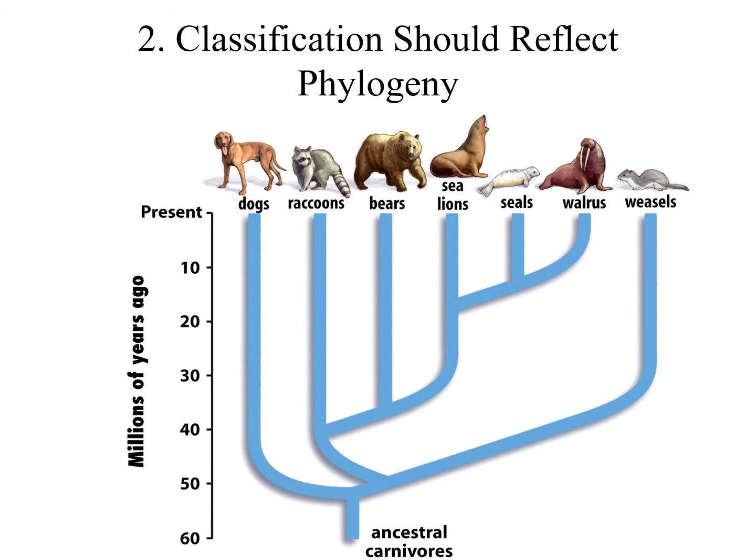Now, a few decades ago, the fields of phylogeny and classification merged, and we came to realize that the way we classify organisms really must be based on a phylogenetic tree. We started adopting tree-based classification schemes. So classification should reflect phylogeny.